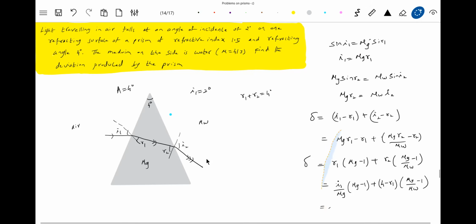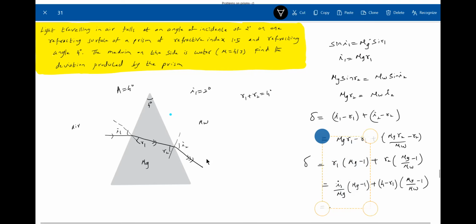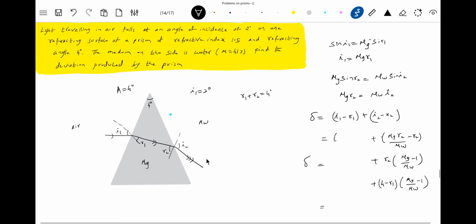This step I'll rewrite. R1 will be I1 by mu g.